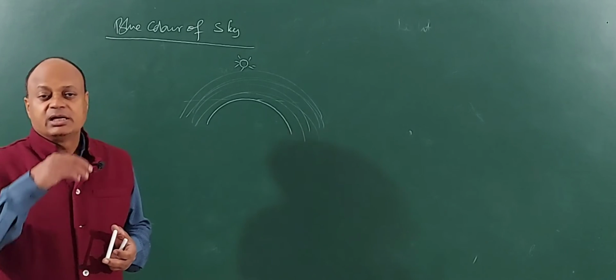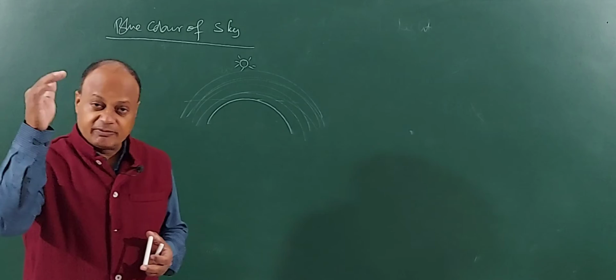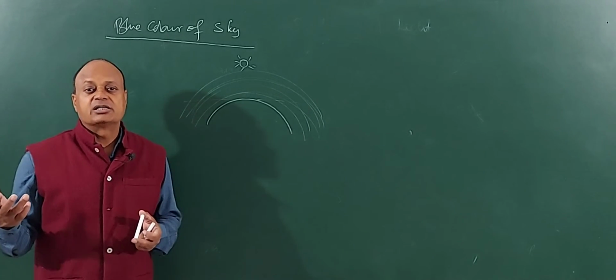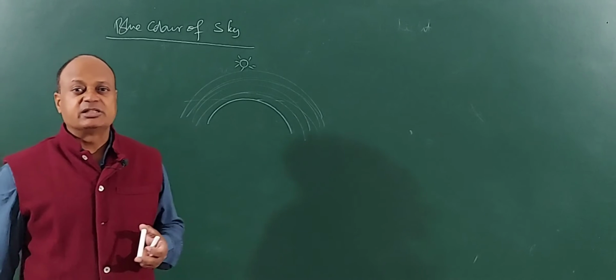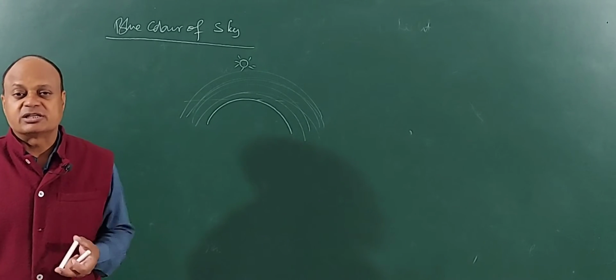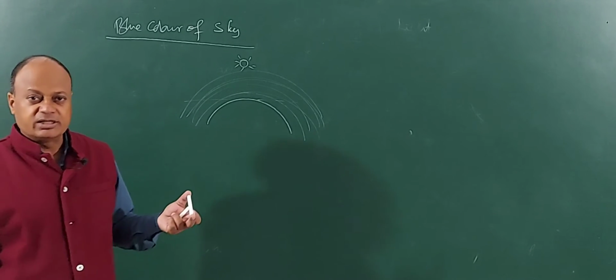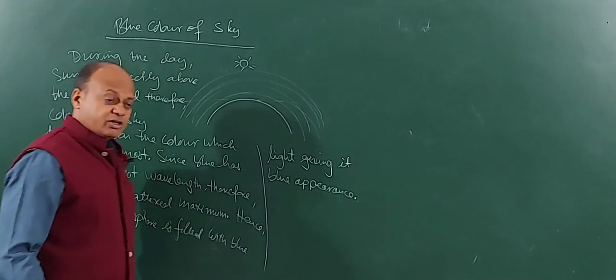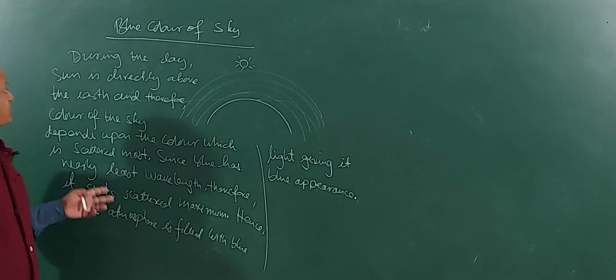So what is the reason? During the day when the sun is directly above earth, the color of the sky depends upon the color which is present in the earth's atmosphere, and the color which is present in the atmosphere is blue, as blue gets scattered most. Okay, so let's write it down. Children, you can copy the notes.